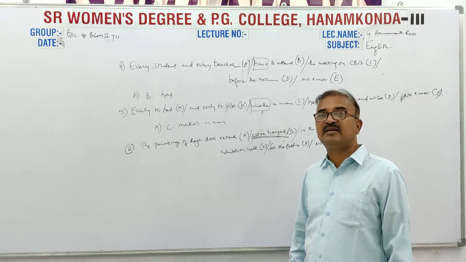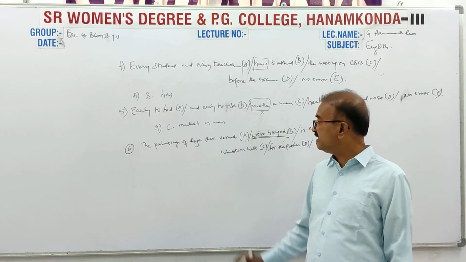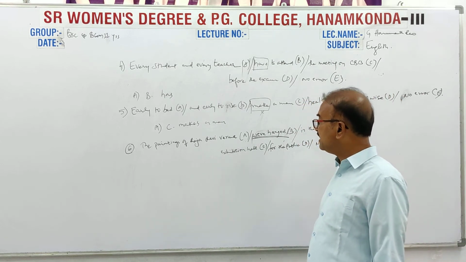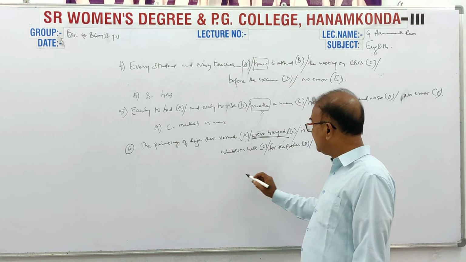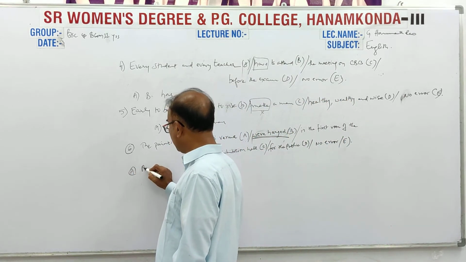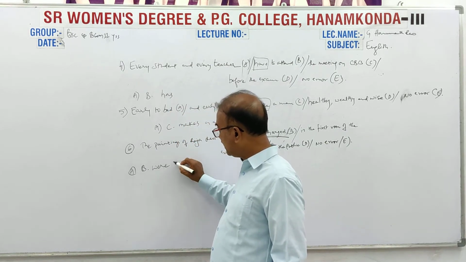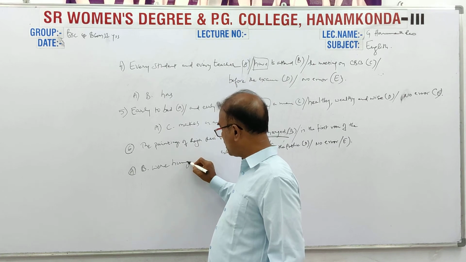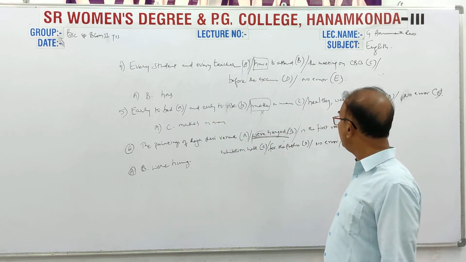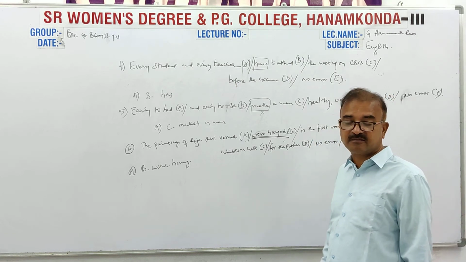They were ordered to be hanged until death. Here hanged is the wrong thing. The mistake is in part B, so the answer is part B. The paintings of Raja Ravi Verma were hung, H-U-N-G, in the first room of the exhibition hall for the public.